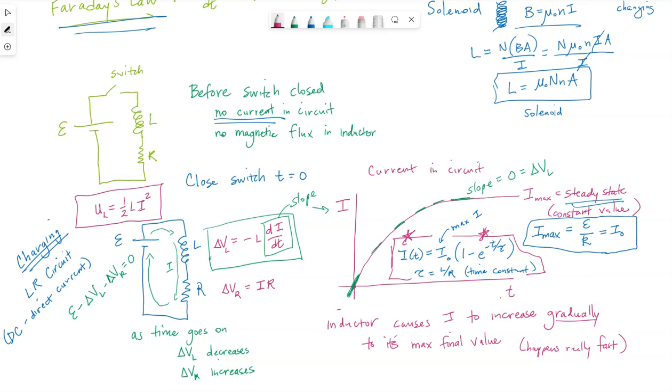The inductor controls how fast that current changes. Now, as soon as the current does reach a maximum, there's a nice big magnetic field in the inductor. And that is where and how the energy is stored.